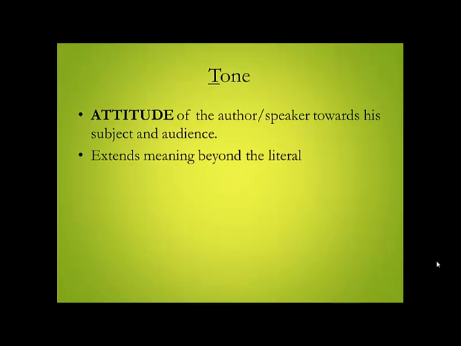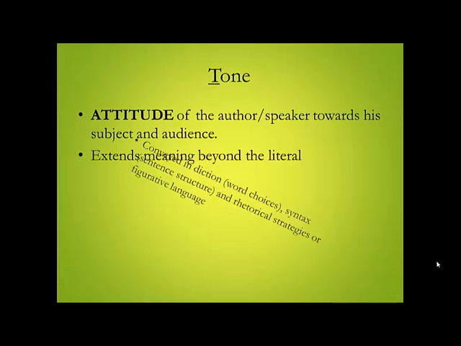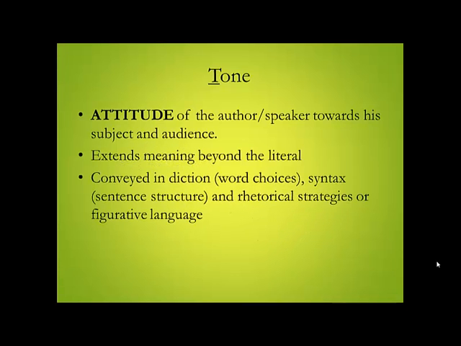This goes beyond the literal words themselves, into the implications, the feeling that the author is getting across. This is conveyed in his word choices, in his sentence structure, and in the figurative language or rhetorical strategies that he uses. These could be metaphors, similes, comparisons of other sorts, etc.